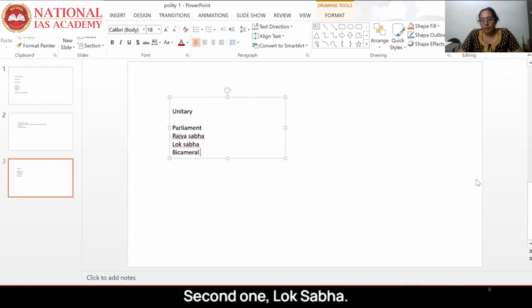Second one, Lok Sabha. Discusses the interest of the entire nation. Full stop. Next term is bicameral.